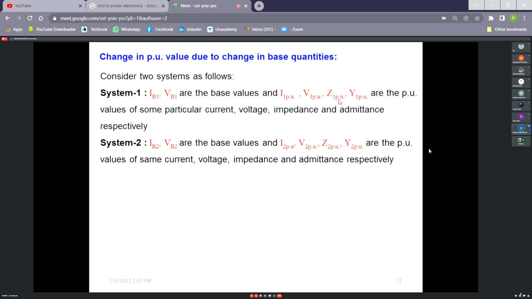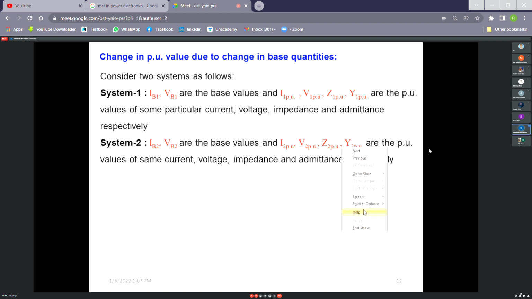From the symbols you can understand these are current, voltage, impedance and admittance respectively. Similarly, for the other base quantities, say IB2, VB2, the same actual quantities are providing the per unit values I2 per unit, V2 per unit, Z2 per unit, Y2 per unit.